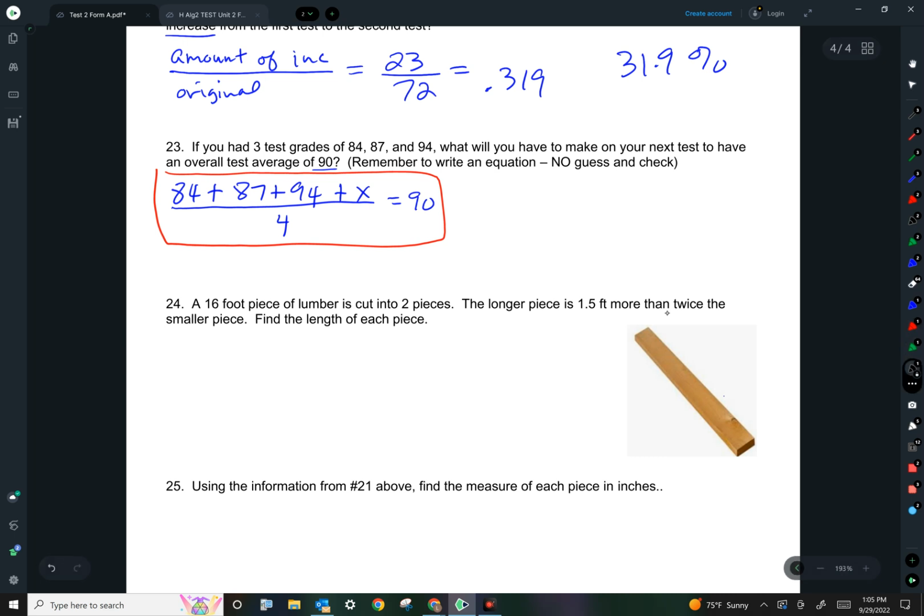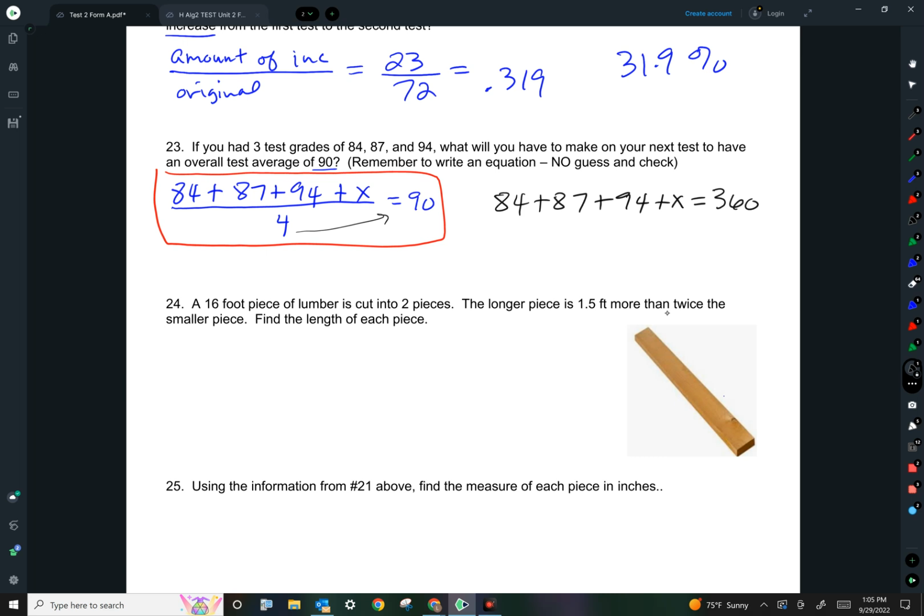Okay, now let's solve that equation. In order to solve, my suggestion is why don't we first of all get rid of the 4 in the denominator, so we'll multiply by 4. So on the right side, 4 times 90 is going to be 360. And so on the left side, I still have the 84 plus 87 plus 94 plus X. That's supposed to equal 360. Why don't we go ahead and do the addition on the left side.